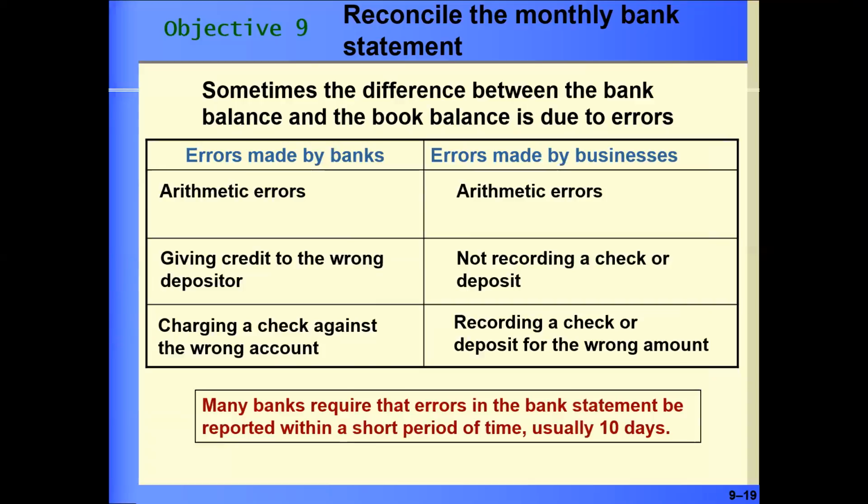And banks usually require that errors be brought to their attention within a very short period of time, let's say 10 days. Because if you delay in reconciling your bank statements, these 10 days will tick by so fast, you will not be able to get the errors corrected if it's in your favor.